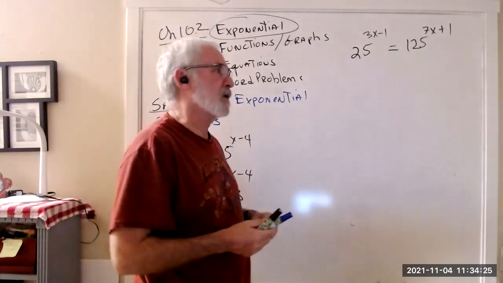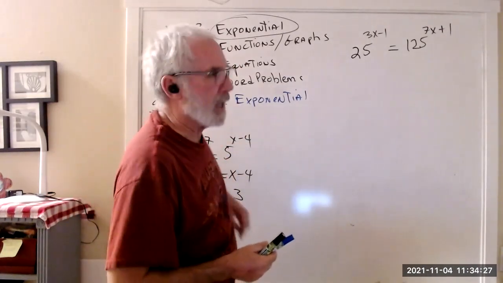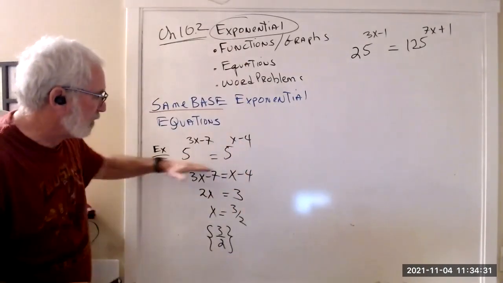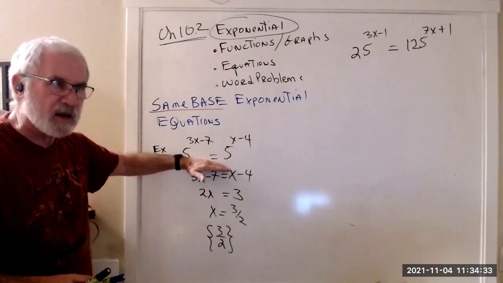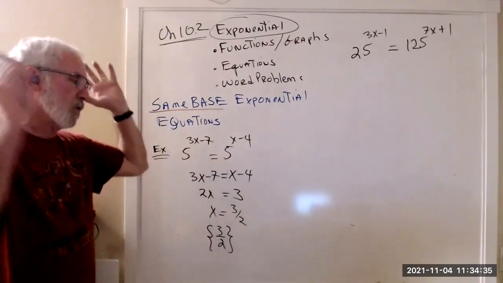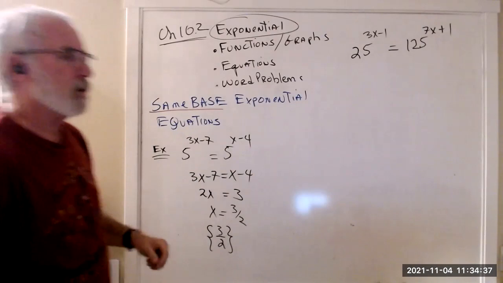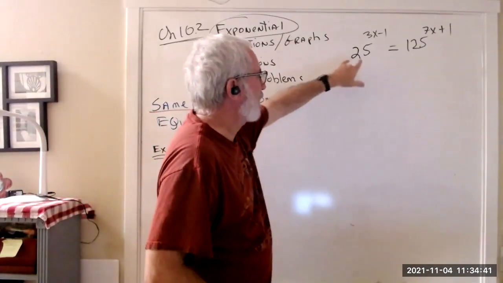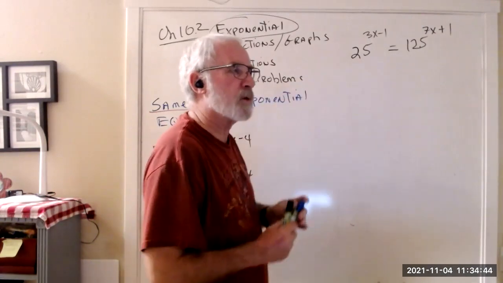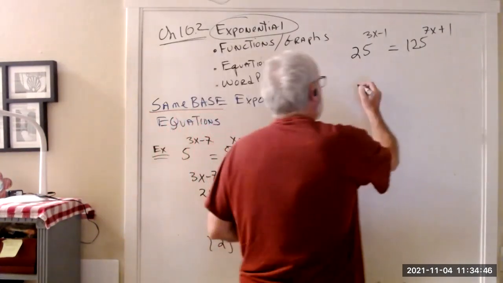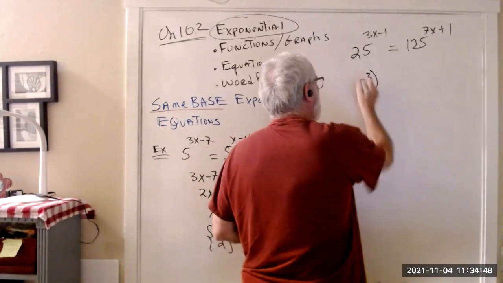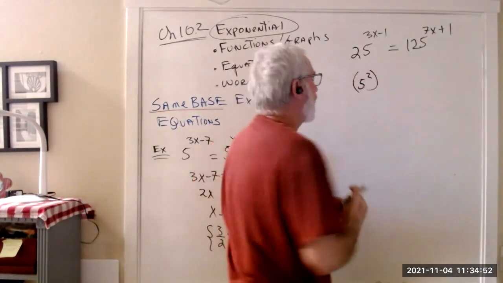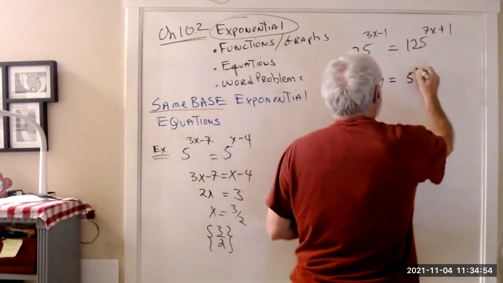So your first inclination is to say, I can't do it, because this rule of dropping the bases only works if they're the same. Well, what do I do? You use your knowledge: if I look inside of 25, I see a 5 squared, and if I look inside of 125, I see a 5 cubed.